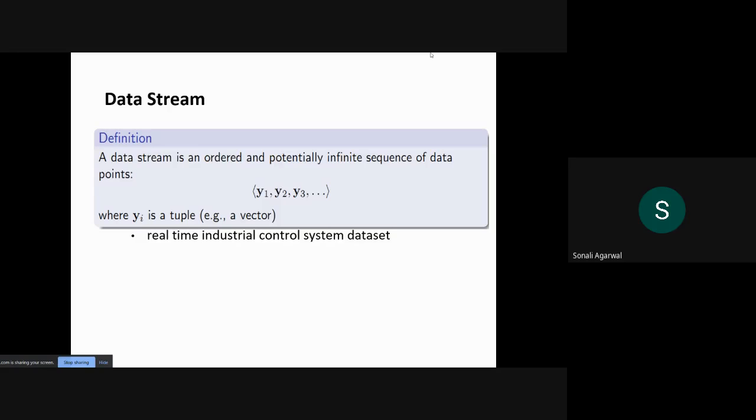Basically these are all streaming data, and you can see that it is updating every second, or maybe every fraction of a millisecond, or microsecond. So to process this data for any particular information generation is a very, very difficult task.